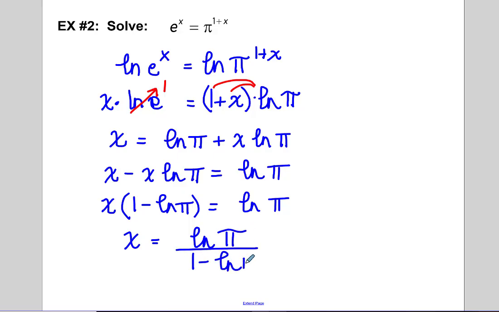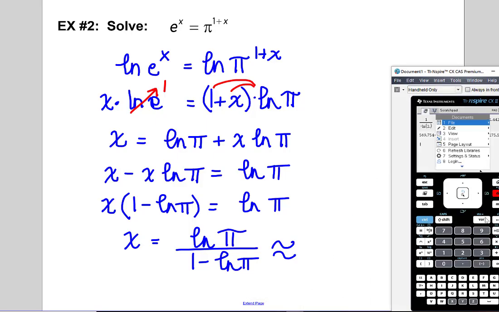But I think it would make more sense if we could go to a calculator here and get a decimal approximation. So we want natural log of pi divided by the quantity 1 minus natural log of pi. So let's see how that looks. The natural log of pi divided by 1 minus the natural log of pi.